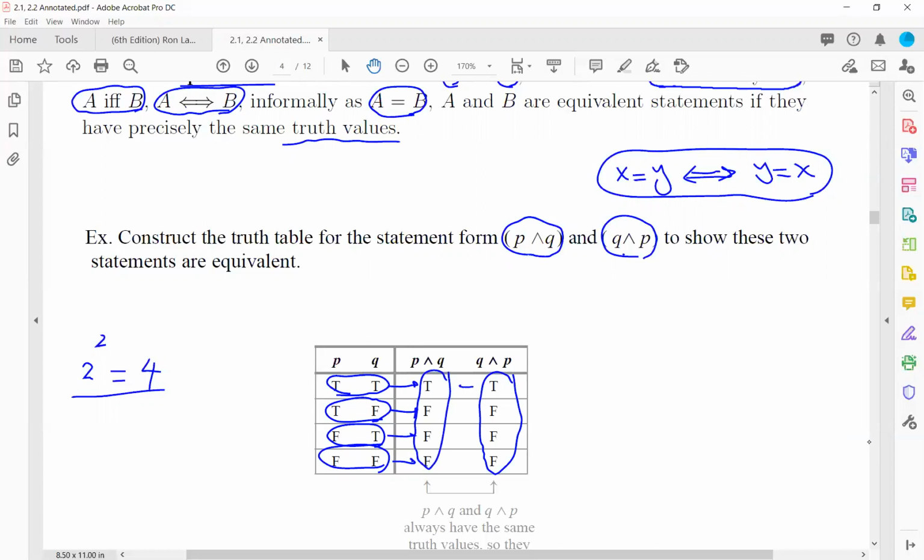Of course, as you can see, they are the same, and it means that P and Q is the same as Q and P. So you're allowed to switch the order. Sometimes you can use 3 lines to represent being equivalent to each other.